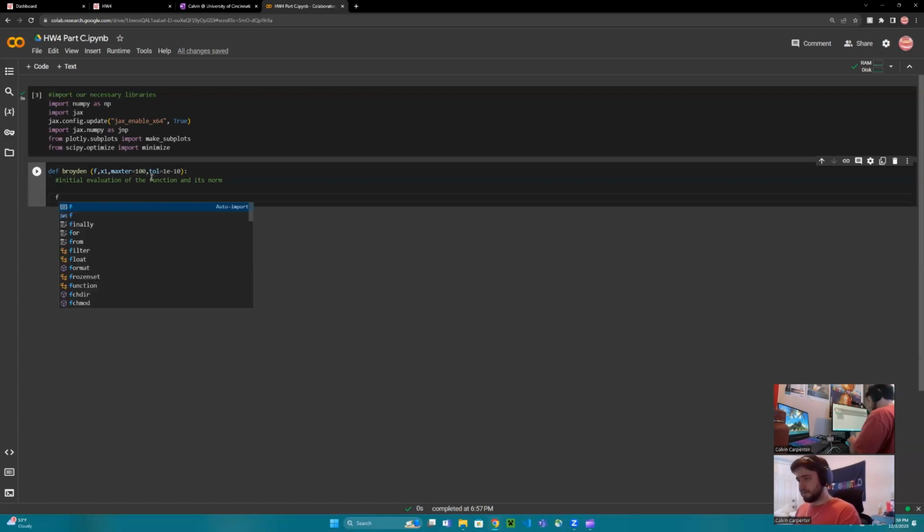So fval, we're going to call it that, final value 1 is equal to f of x1, which we defined in our function.